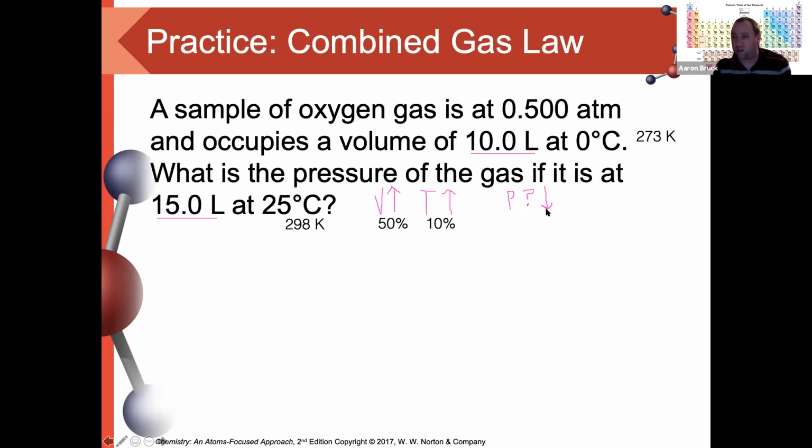That would be our prediction. Now let's see if it actually comes to bear. The equation here is P1 V1 over T1 is equal to P2 V2 over T2.